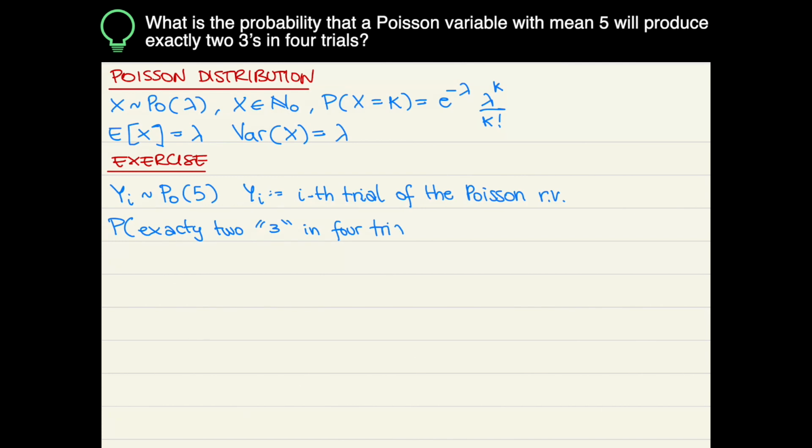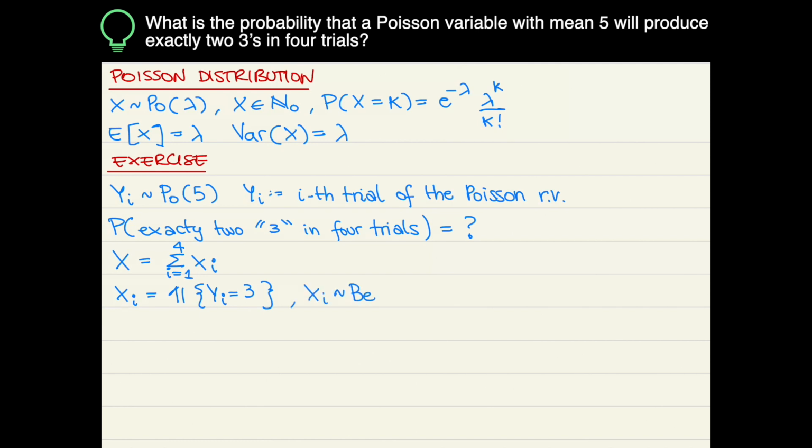We are looking at the probability to get exactly 2 threes in 4 trials. Let's define x as the sum from i equal 1 to 4 of xi, where xi is of course the random variable which assumes the value 1 if the ith trial yi is equal to 3.